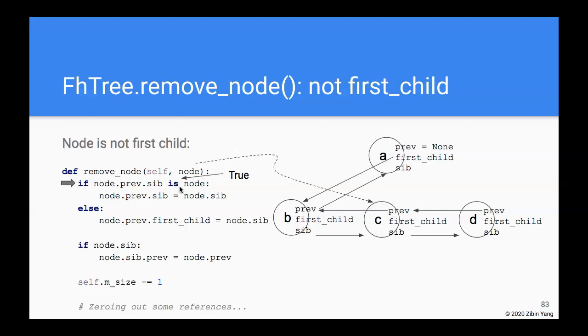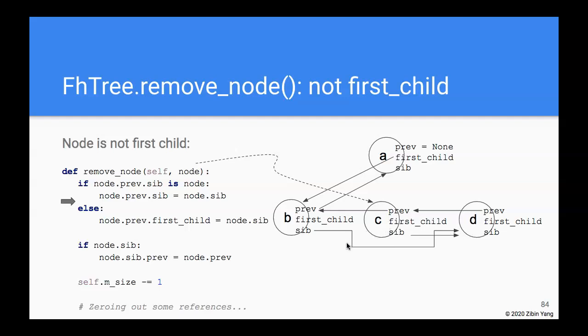If that is true, which is so in this case, then we know the previous node is a sibling of the current node that's being removed. So in that case, the pointer we'll change would be the node's previous sibling, which would now skip over the node we're trying to remove and point to the sibling of the current node that's being removed.